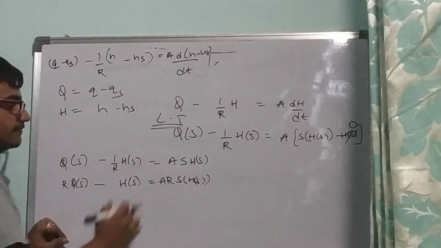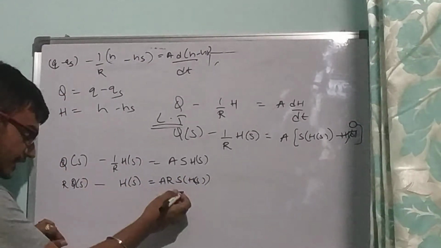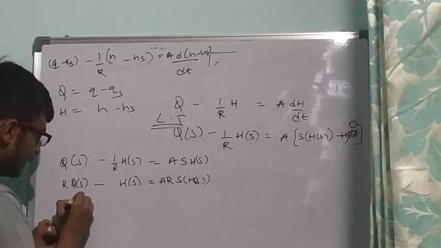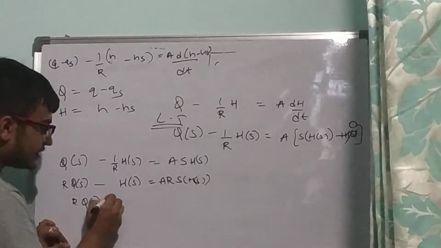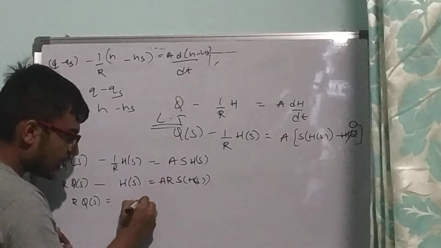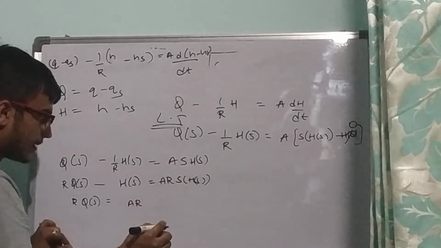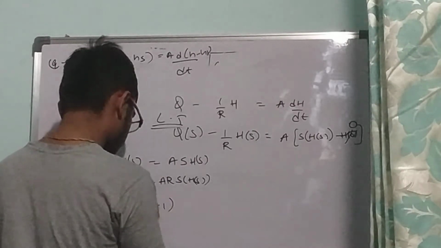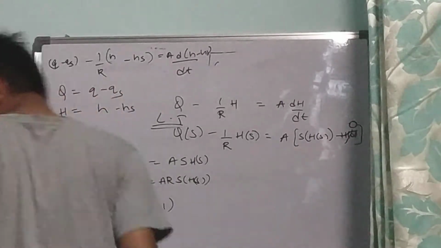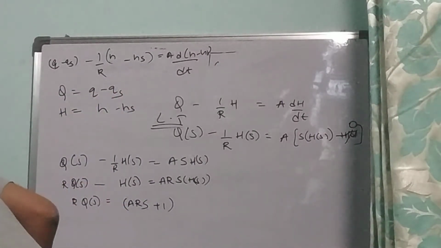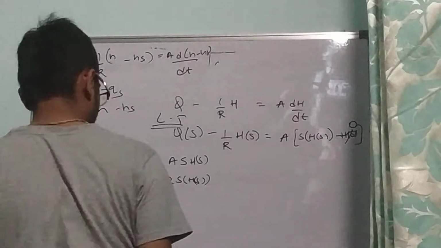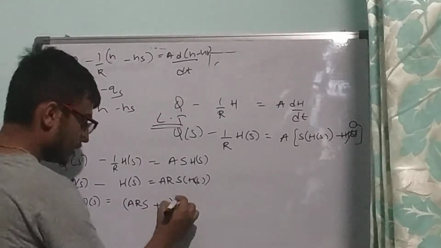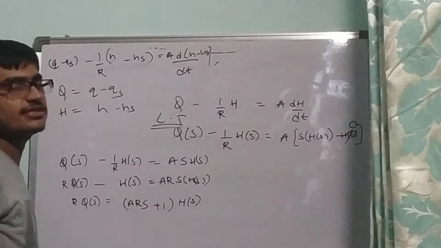Taking r LCM, okay. Now take this h of s to the other side. r into Q of s is equal to ars plus 1 into h of s.